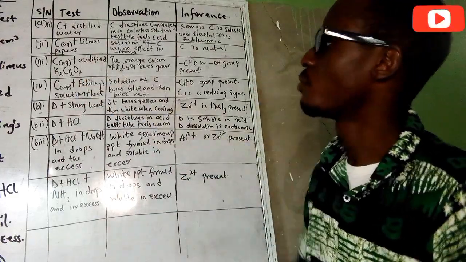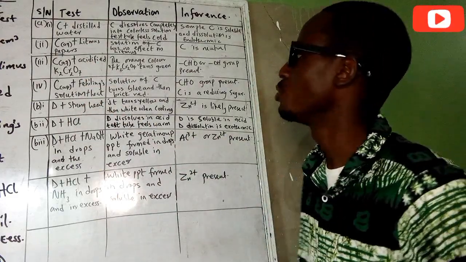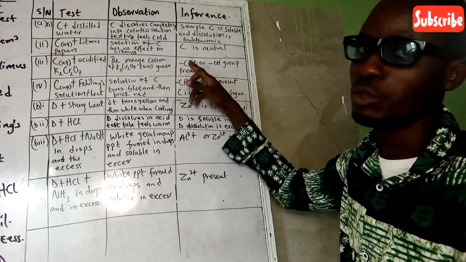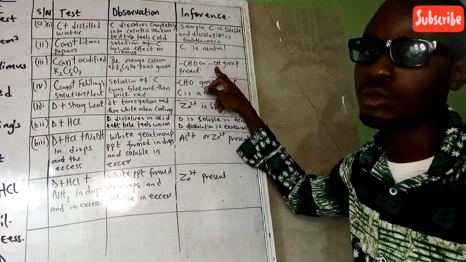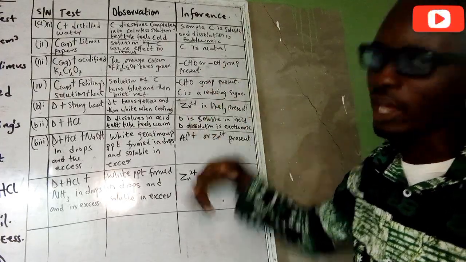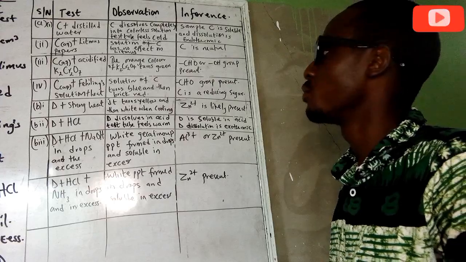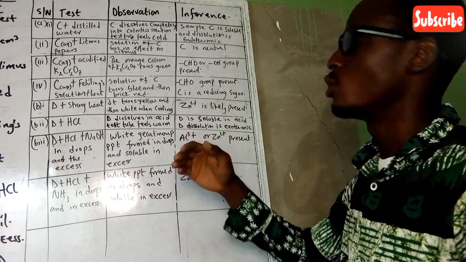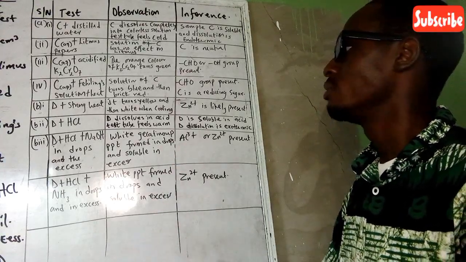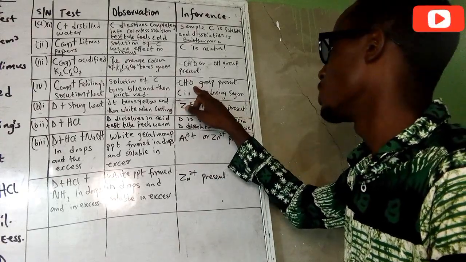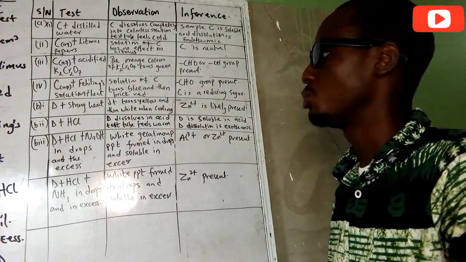Then C plus acidified potassium dichromate, the solution turns green after a while, which means an alkyl group or hydroxyl group is likely present. Then the Fehling's test performed on C shows the solution turns a little bit blue and then brick red later, which confirmed the alkyl group present. Then we can say C is a reducing sugar.